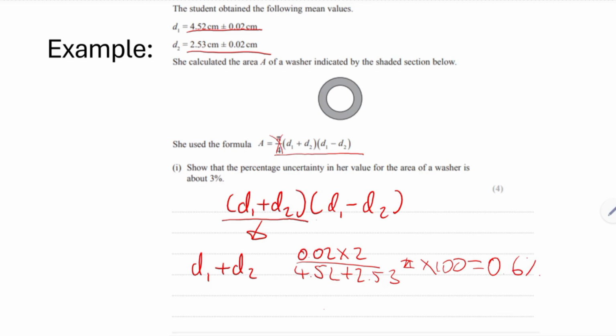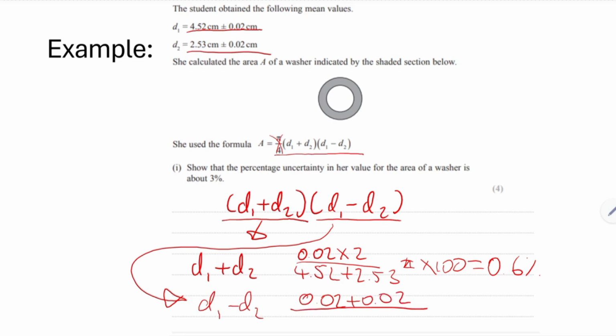Now we're going to be doing this side, d1 minus d2. So you do 0.02 plus 0.02 again, and you do 2.52 minus 2.53 times 100, and the answer to that will be 2%.